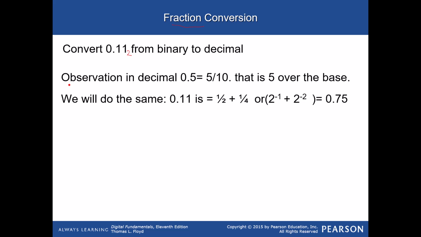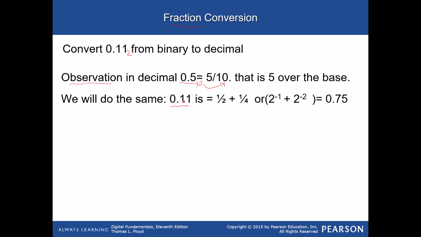But first, we observe that if we're given a decimal value of 0.5, we can write it as a fraction, 5 over 10. These are the same. What we observe here is, because this is base 10, we divide by the base. So we're going to do the same trick here.